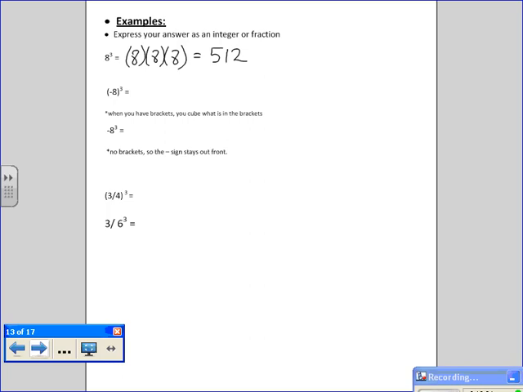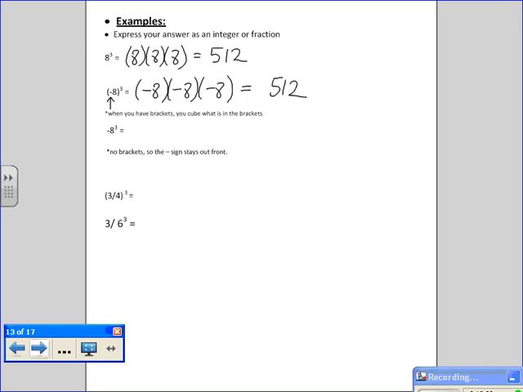Let's do the next one. I have negative 8, cubed. If you have a negative inside the brackets, that tells you to use negative 8, whatever number is inside your brackets, in a multiplication 3 times. So every time you're saying negative 8 times negative 8 times negative 8. My answer is going to come out to 512 again, except let's look at the sign.